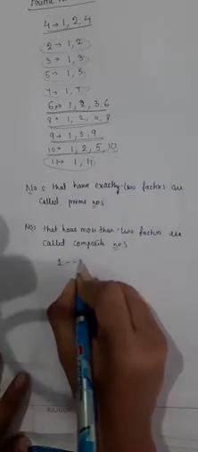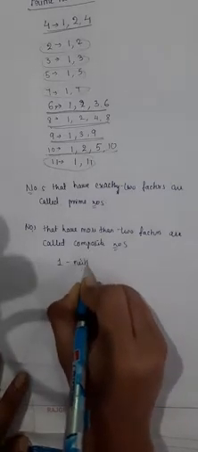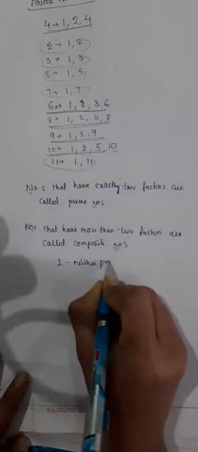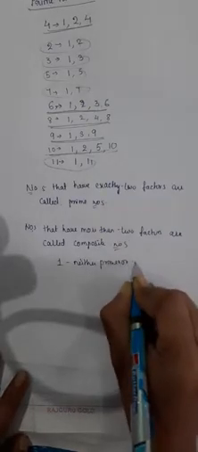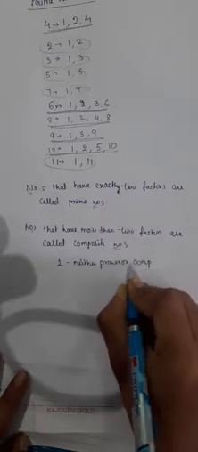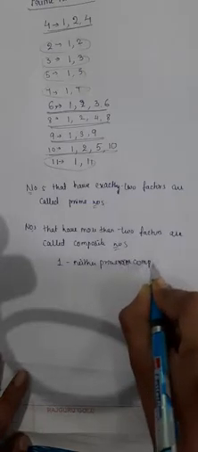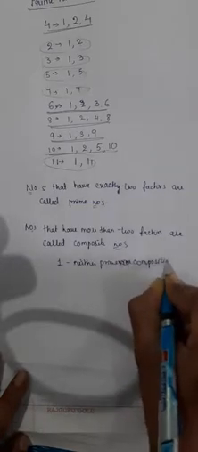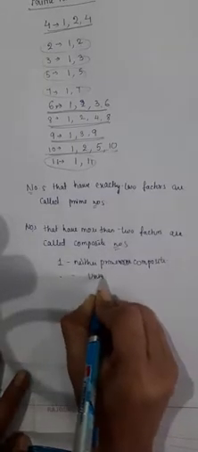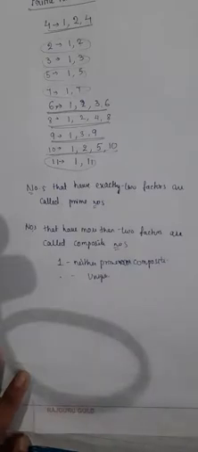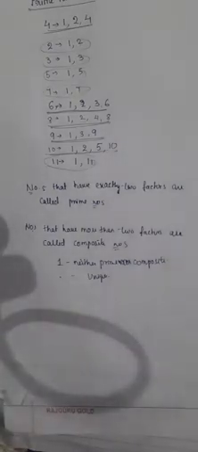It is unique. 1 is neither prime nor composite. As and when we solve the exercise, we will come to know. So we will move to the exercise part directly.